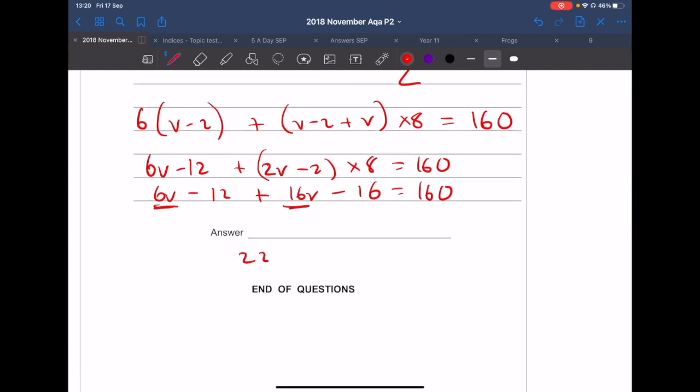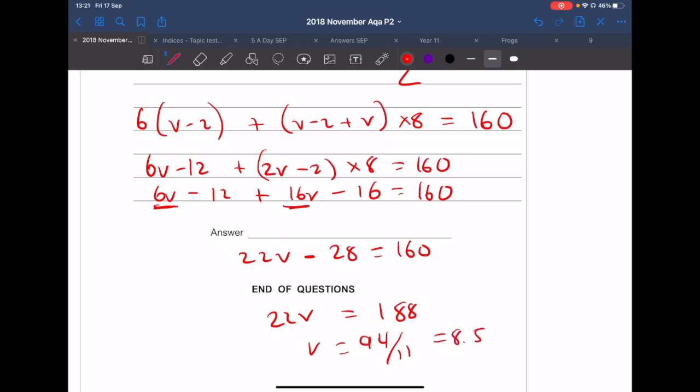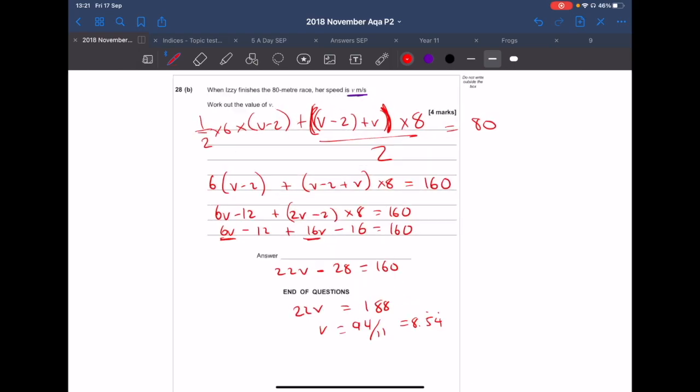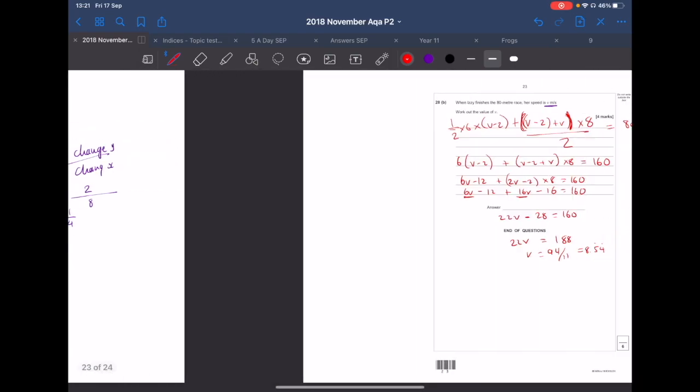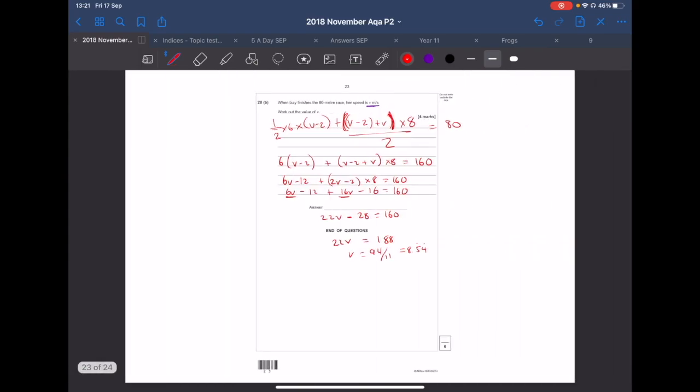Therefore, add these together: 22v take away 28 equals 160. 22v equals 188. 188 divided by 22 is 94 over 11, which is 8.54 recurring. And that's how I do that question. So you would work out the total area, because speed times time gives you the distance.